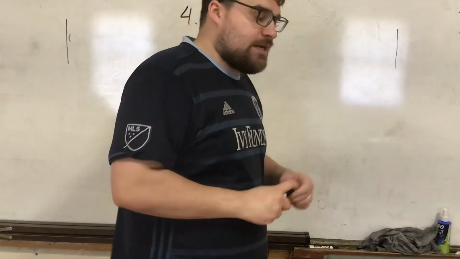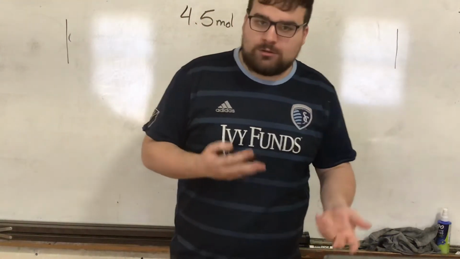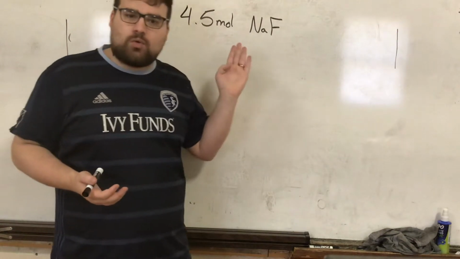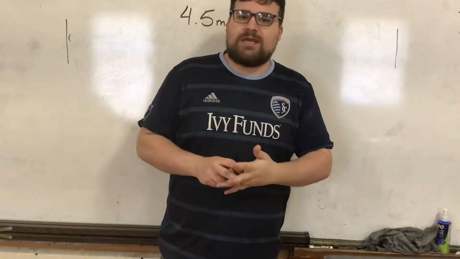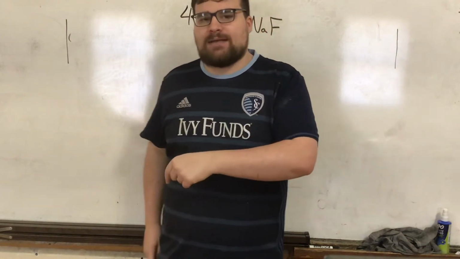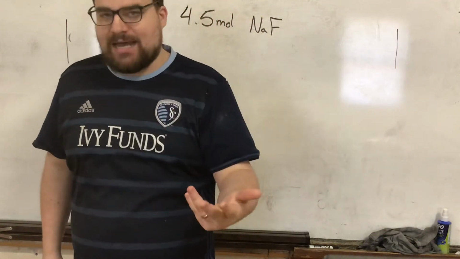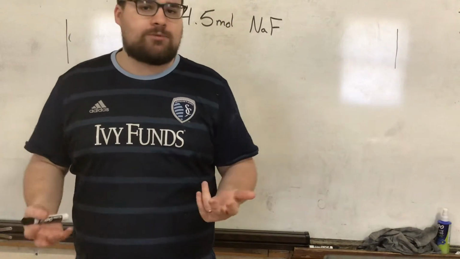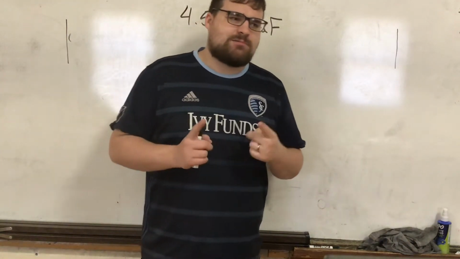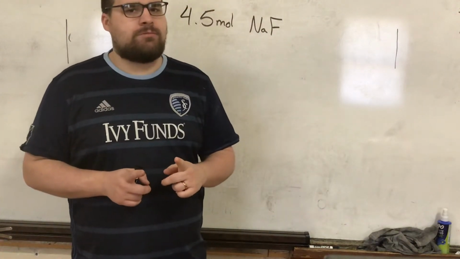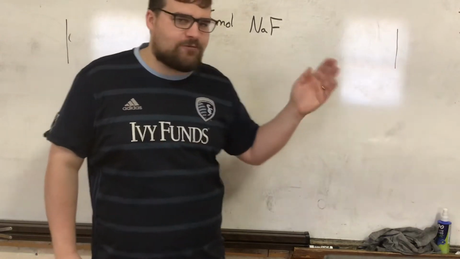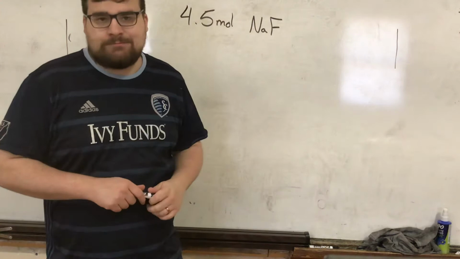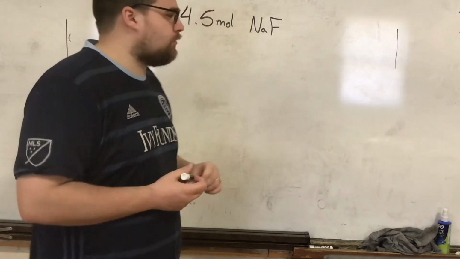Well, yesterday we said that whenever we are taking the number of moles, all we have to do is multiply that by the atomic mass of the element to get the total number of grams. There's a problem with this one though. Is NaF on the periodic table? Not exactly. But here's what we do.